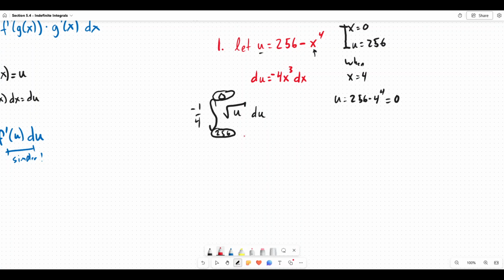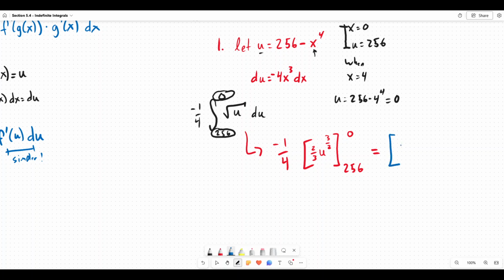anti-derivative power rule. So this will be negative 1/4. Remember, the square root of u is u to the 1/2. We're going to raise the power by 1 and then divide by the new power. It is going to be from 256 to 0. Let's see what we get out from this.